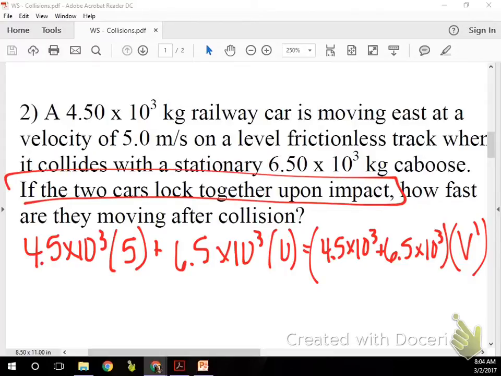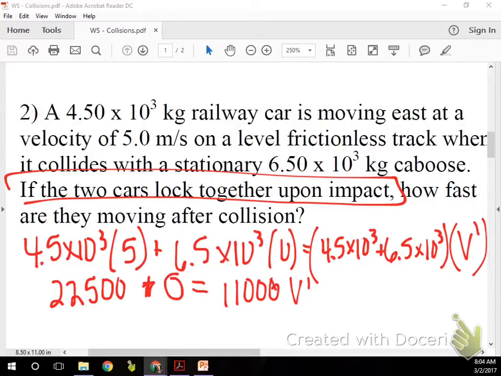Okay, when it tells us they lock together on impact, that means they're colliding and they're sticking together, which means we need to use an inelastic equation. We only have one final velocity because now these two things are moving as one unit, which is why we just use v prime.